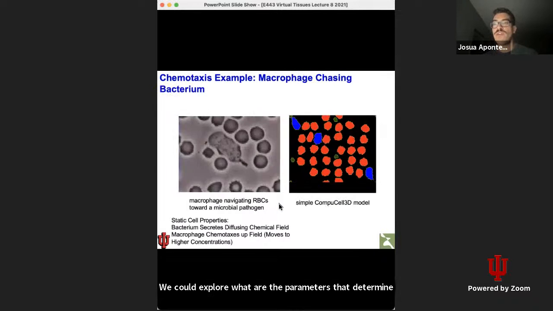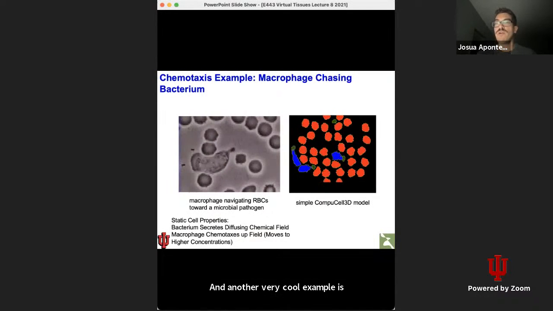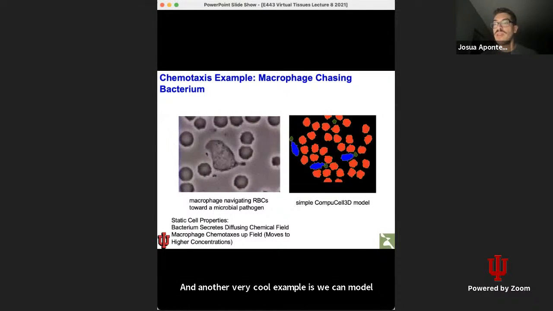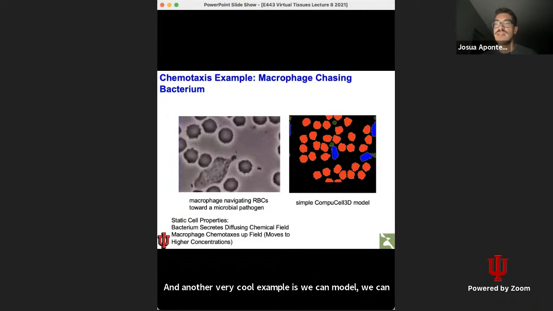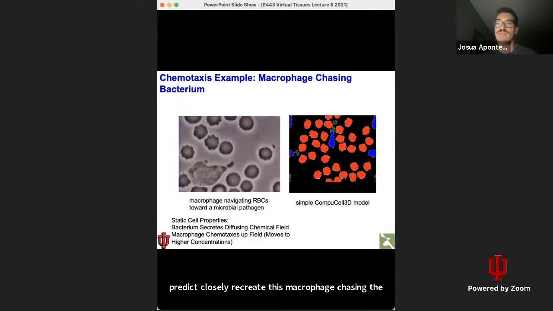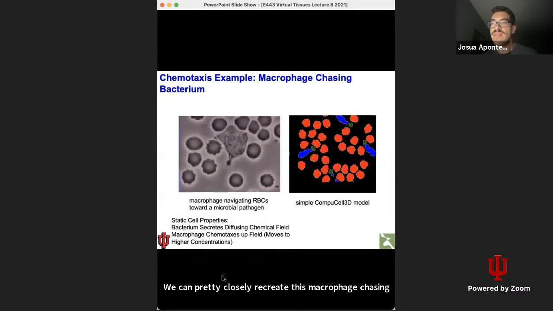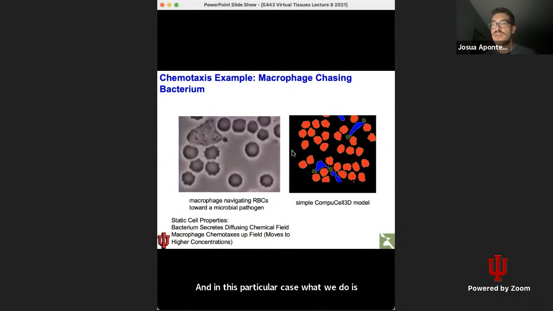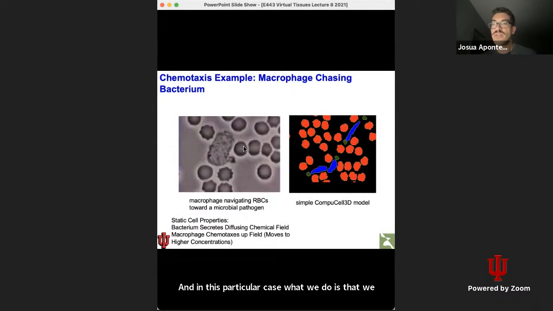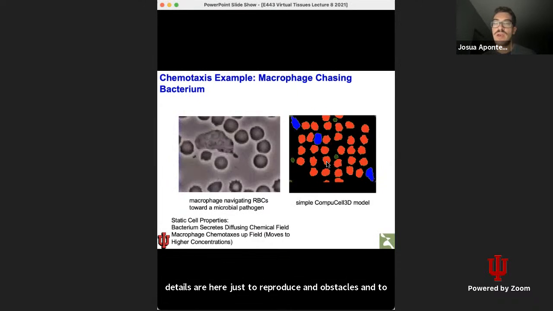And another very cool example is we can pretty closely recreate this macrophage chasing the bacterium movie that is pretty well known. In this particular case, these cells are here just to represent obstacles and to represent these blood cells.